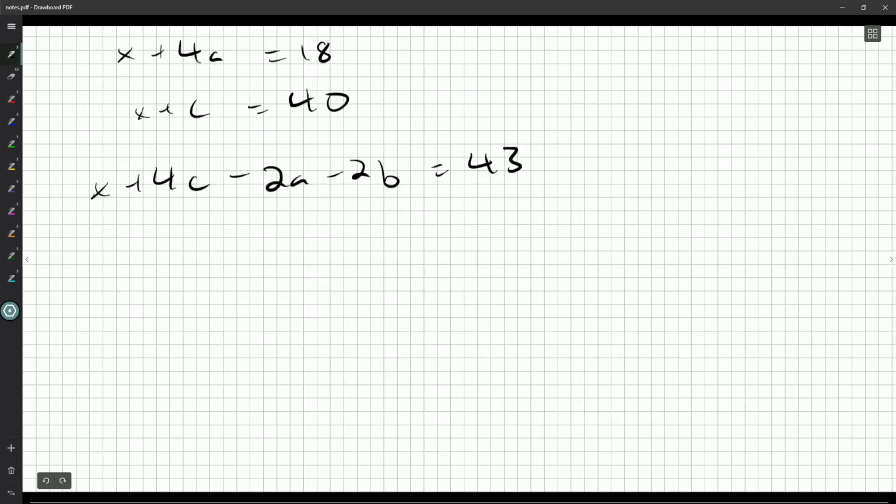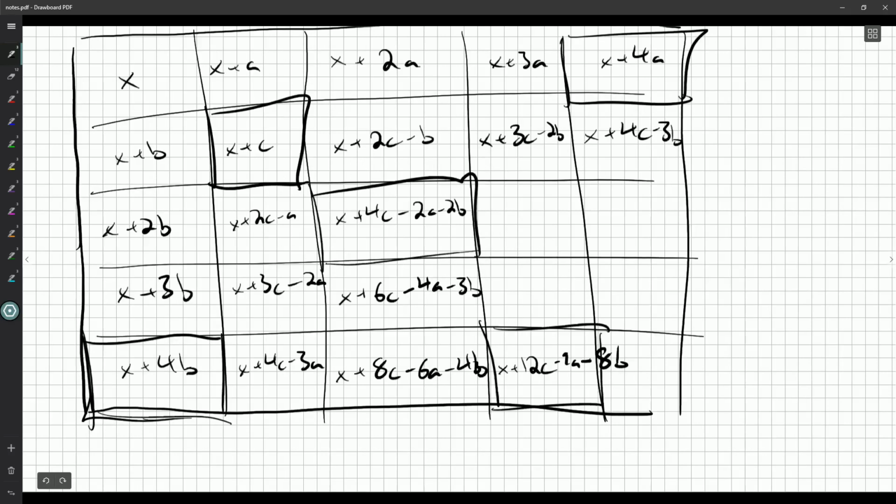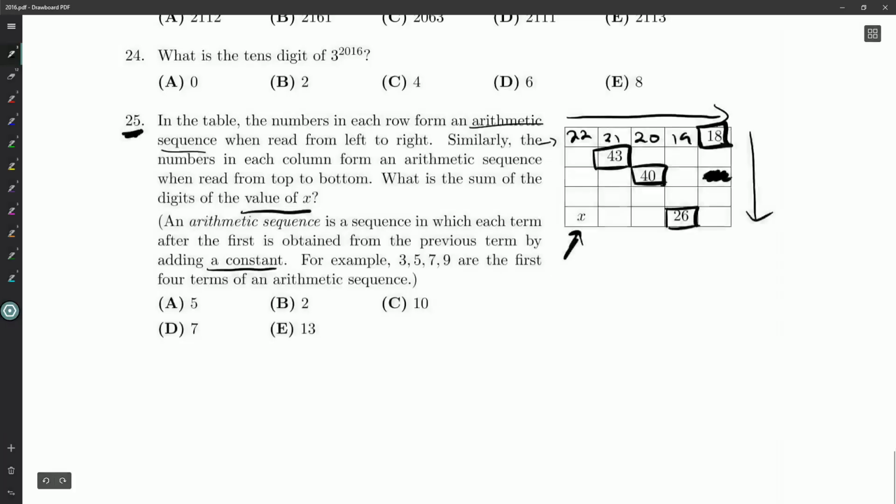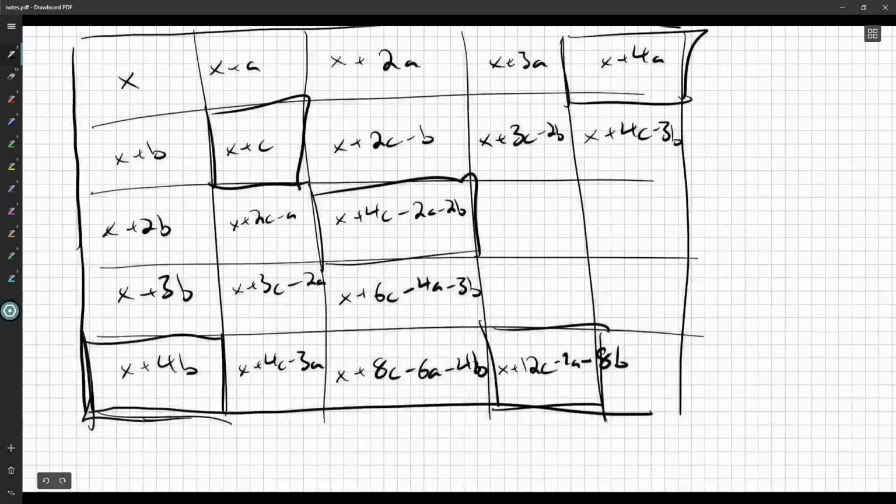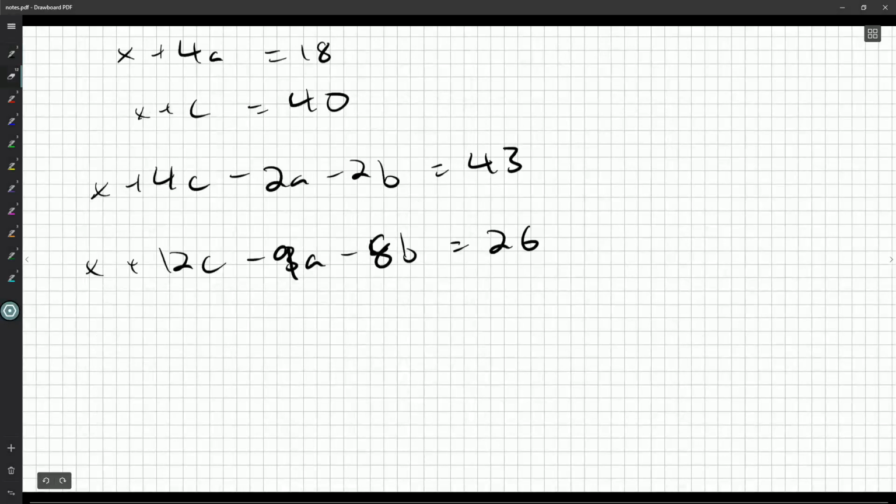X plus 12C minus 9A minus 8B should be 26. Yes. Okay. Those are the numbers, right? Yep. No, I've got the 43 and the 40 in the wrong order. My mistake.